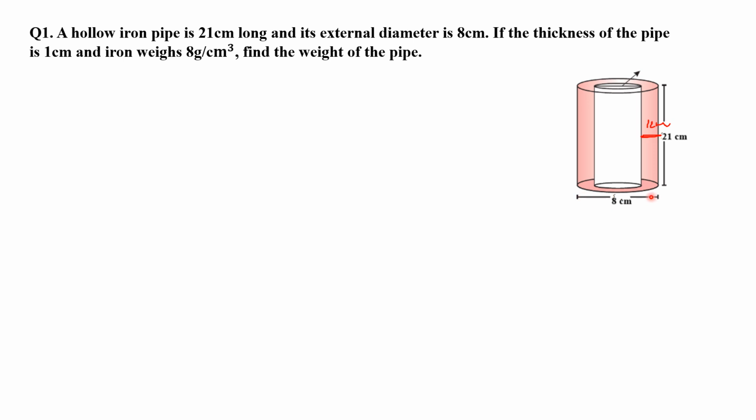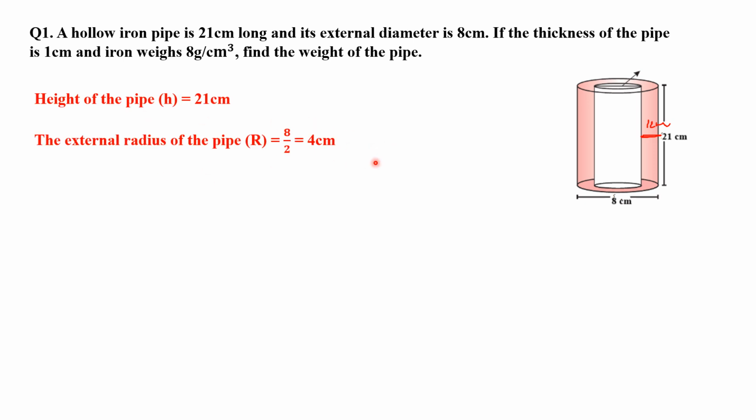If external diameter is 8, external radius is going to be 8 by 2, which is 4 centimeter. So let's write it. Height of the pipe is 21, external radius is 4 centimeter. Now the thickness of the pipe is 1 centimeter, right? So now what you have to find is the internal radius, meaning only this part.